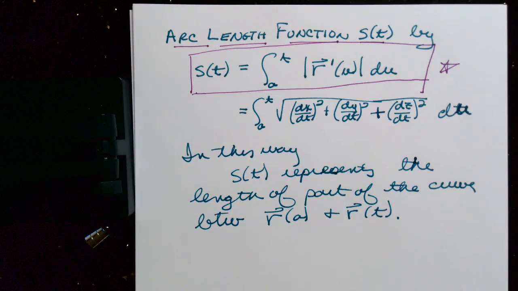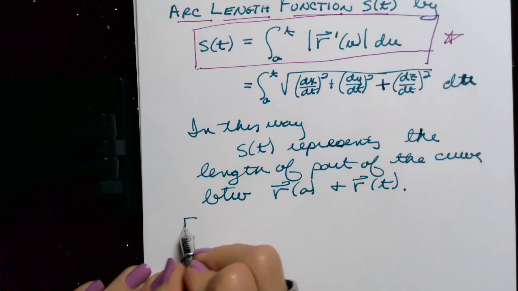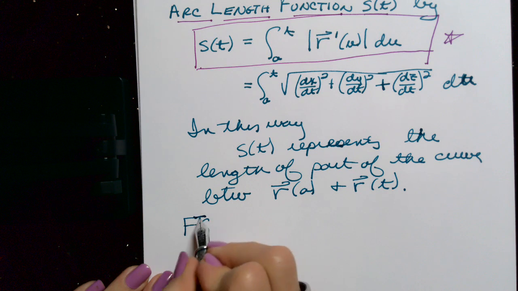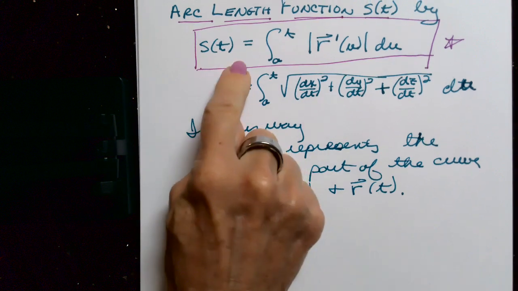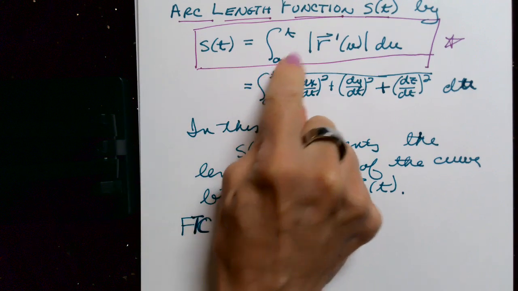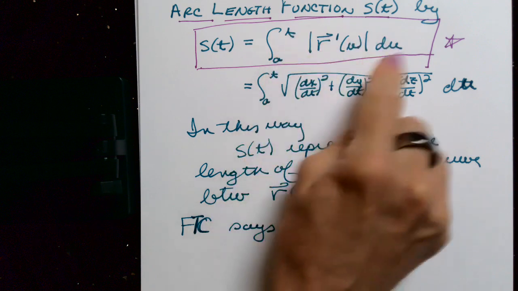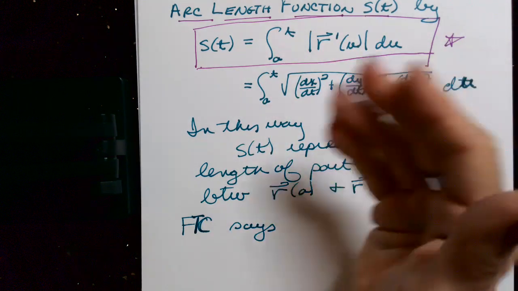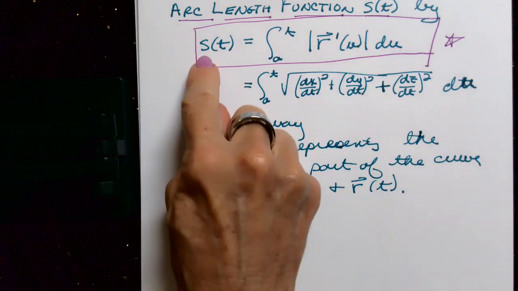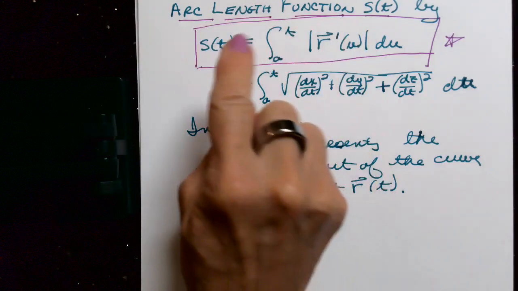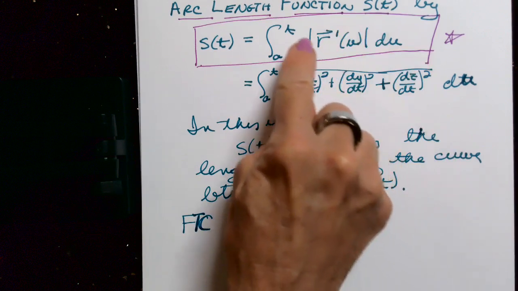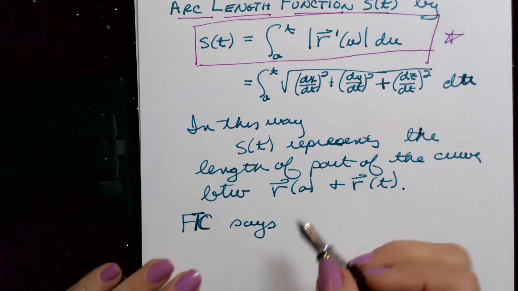Okay. Now, the fundamental theorem of calculus, really important in a course called calculus. The fundamental theorem of calculus says if this is the function s of t, and it's defined as the integral from a to t of some function integrated with respect to a dummy variable, then the derivative s prime of t is the integrand evaluated at the upper endpoint.